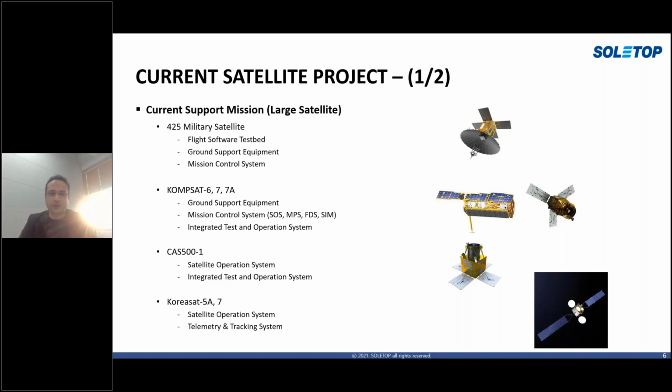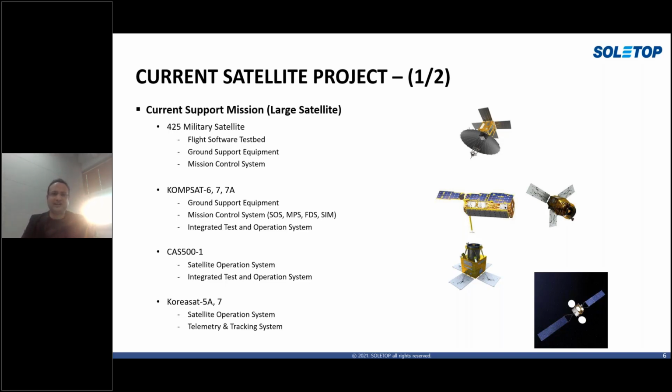So CAS 501 is another confidential satellite in Korea. I can give you some inputs on how Soletop is going to be part of it. It's a very major project where Soletop will contribute on the satellite operation system, integrated test and operation system of it.